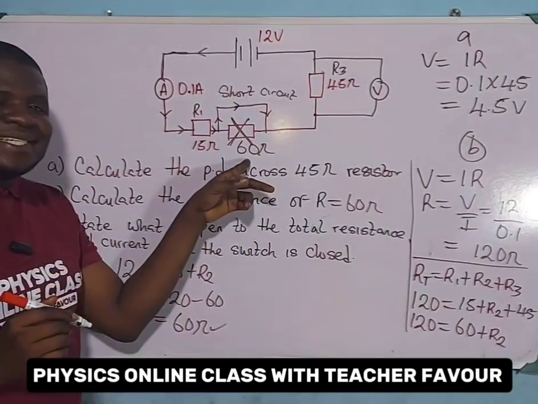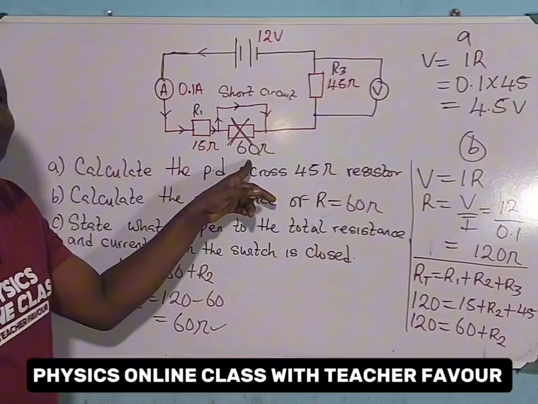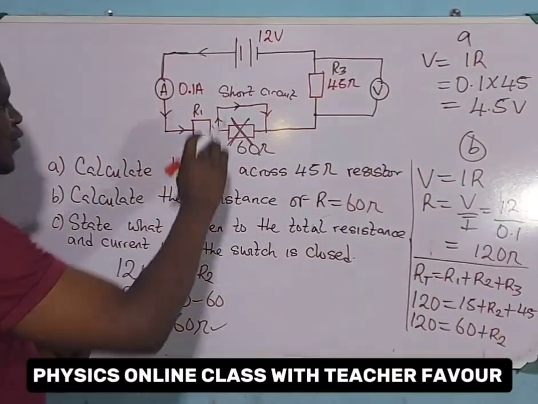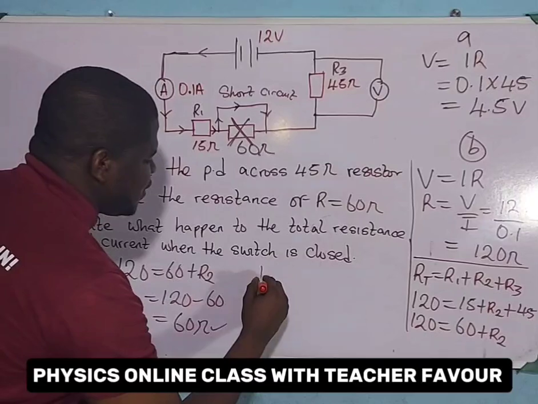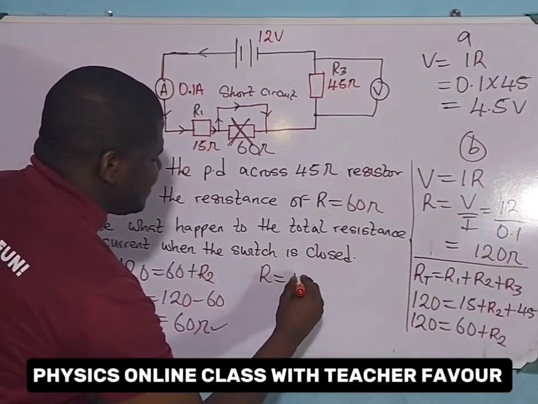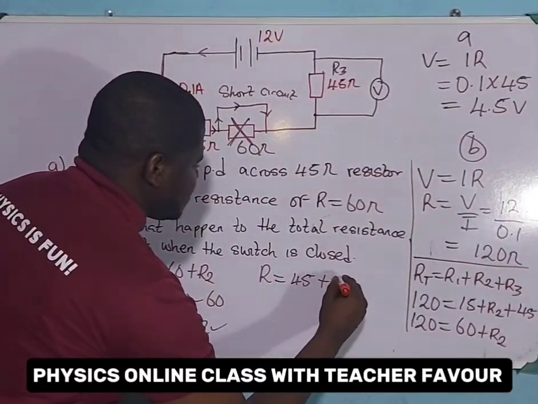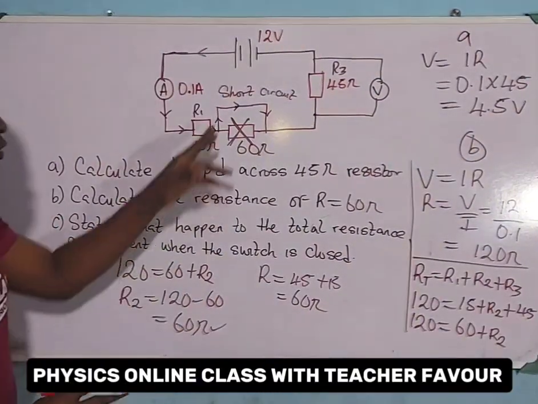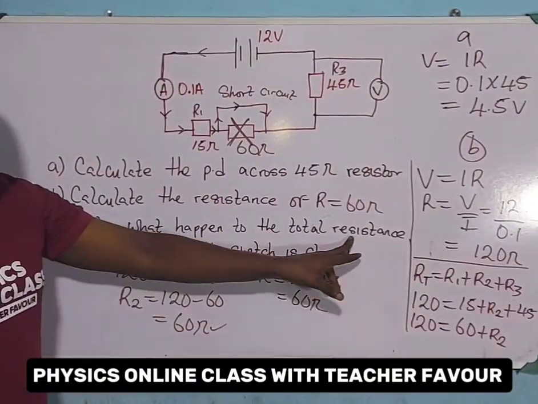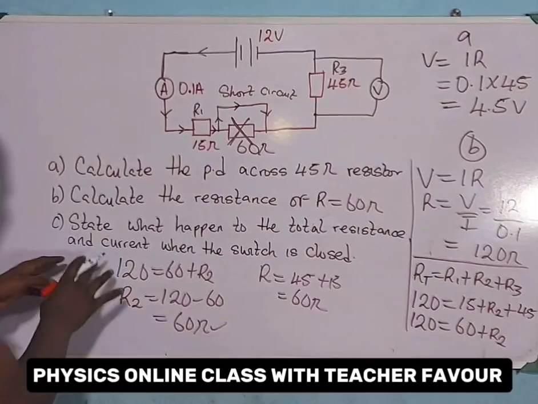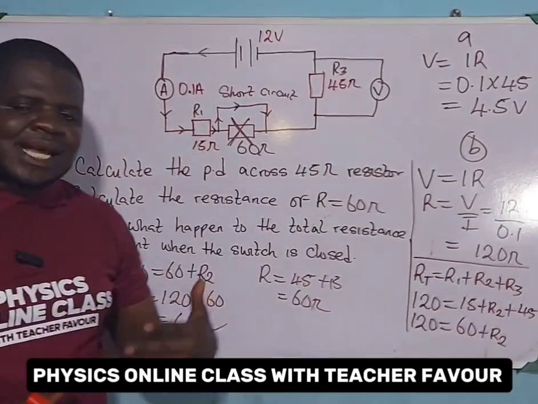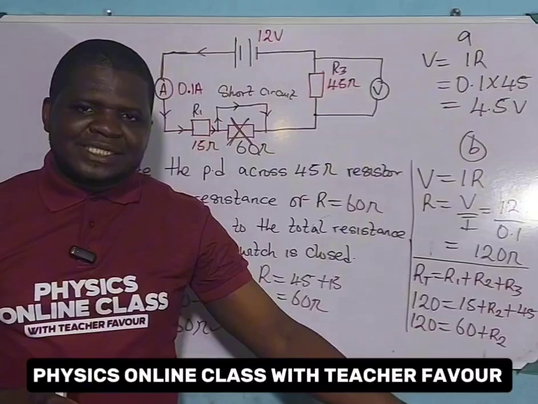So which means that the 60 ohm resistor is insignificant, telling us that the total resistance in this circuit, when we close this switch, will be 45 plus 15, and that will give us 60 ohms. So when we close the circuit, the resistance will decrease. And once resistance decreases, current will increase, because resistance opposes the flow of current in a circuit.